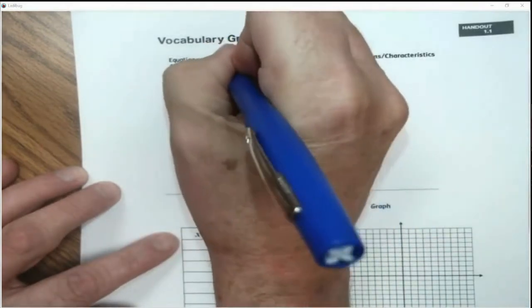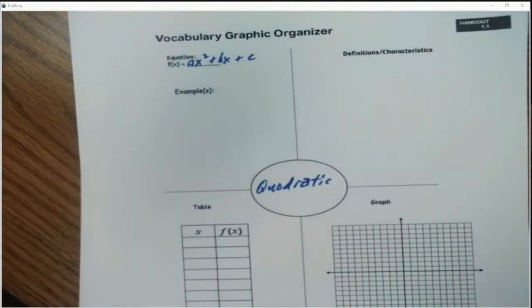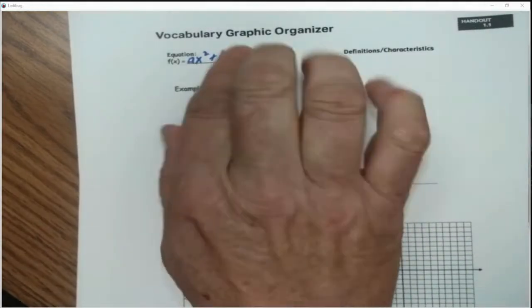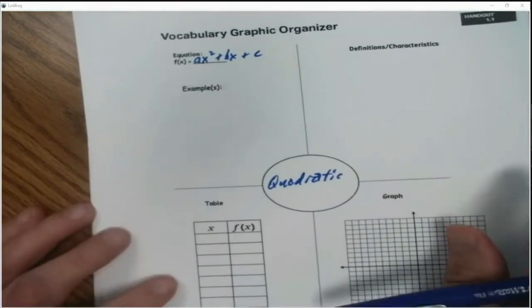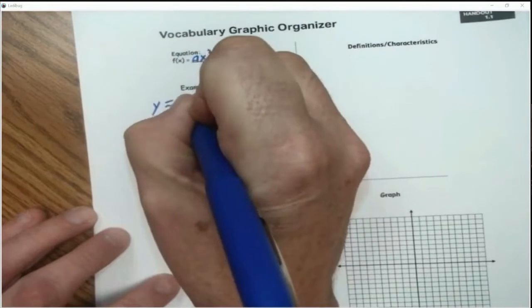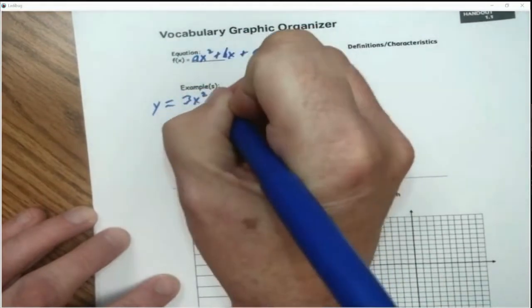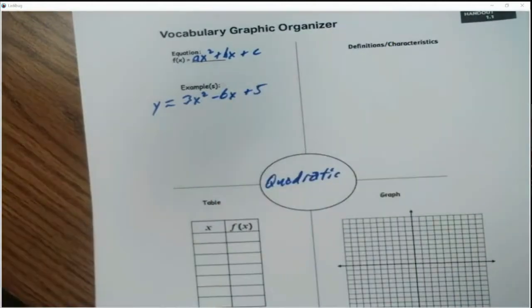If b and c are 0, it's just whatever the coefficient of the x squared is. So an example of that, of course, y equals, we can give it the coefficient values, 3x squared minus 6x plus 5. That's an example of a quadratic equation.